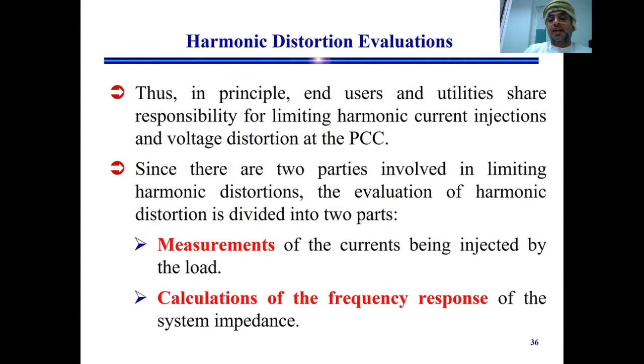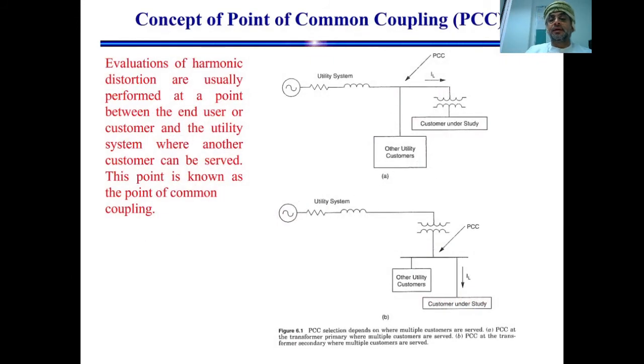So the end user and utility share the responsibility for limiting the harmonic current injection and the voltage distortion at the point of common coupling. I will talk about what we mean by PCC. What is the point of common coupling?